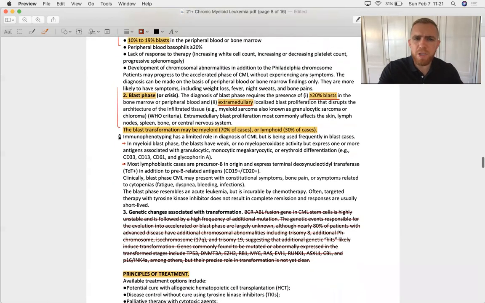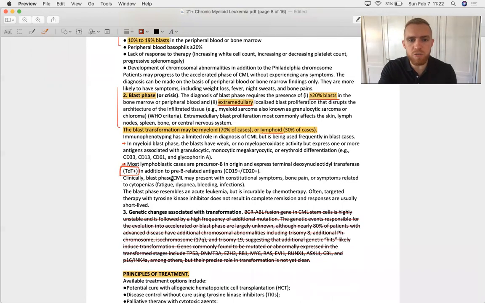Now, when you transform from a CML into an acute leukemia, you can actually de-differentiate to the point where you start seeing lymphoid markers on these blasts. And so lymphoid markers include TdT, terminal deoxynucleotidyl transferase, which is typically on pre-lymphocytes.